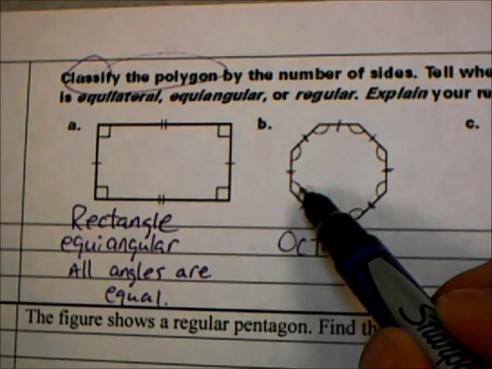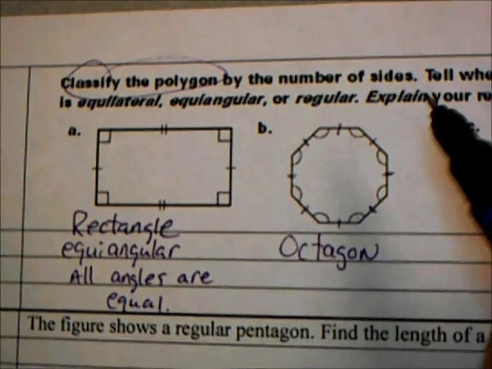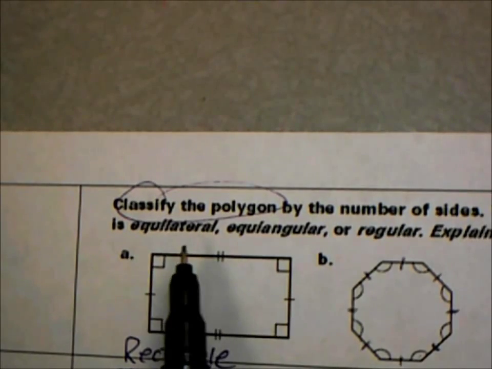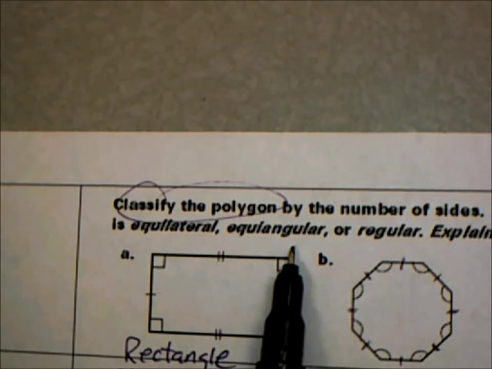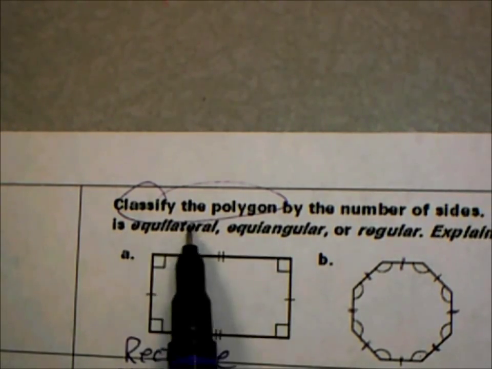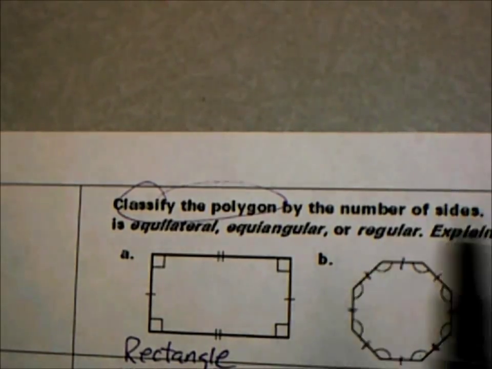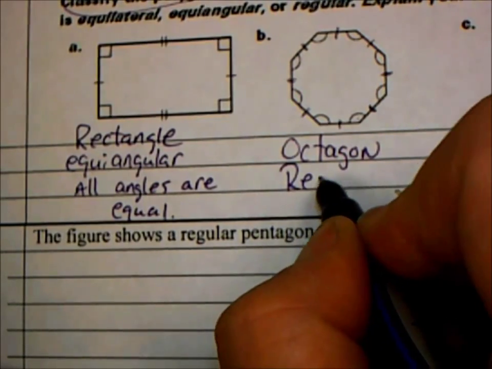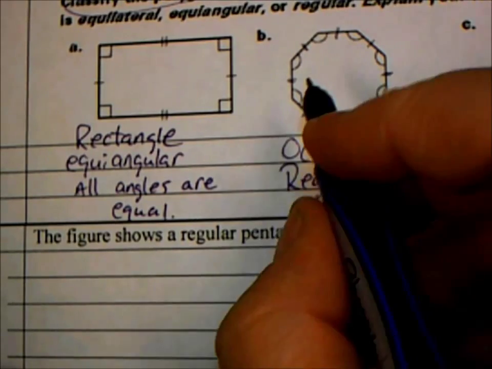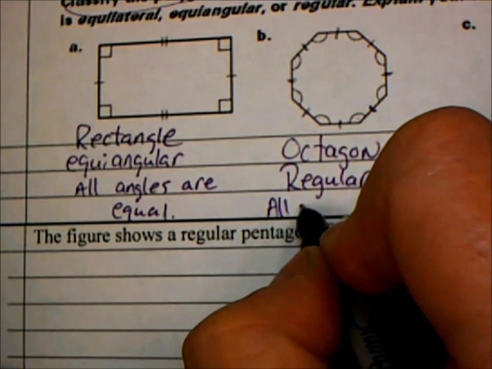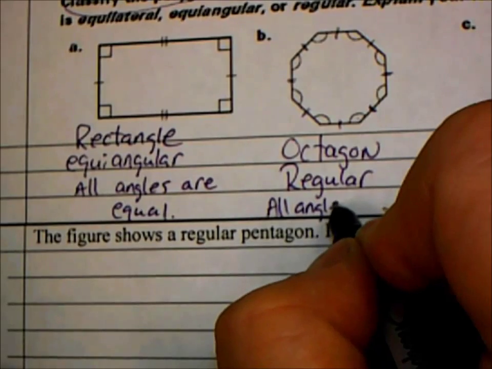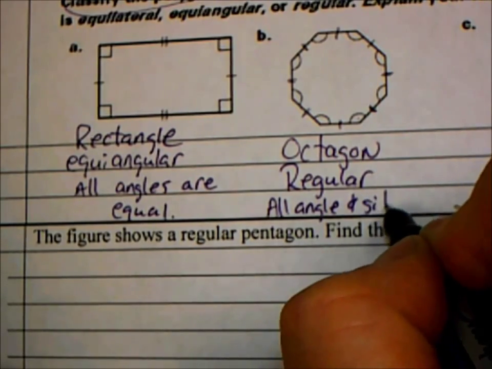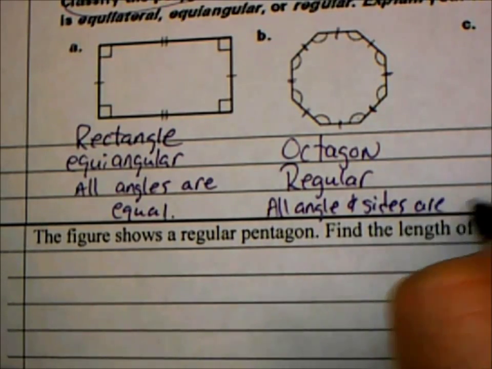So for the octagon, both angles and sides are all congruent, so it is equilateral and equiangular, but when they're both, we actually just call it regular. So this is a regular shape. And my reason is all angles and sides are equal.